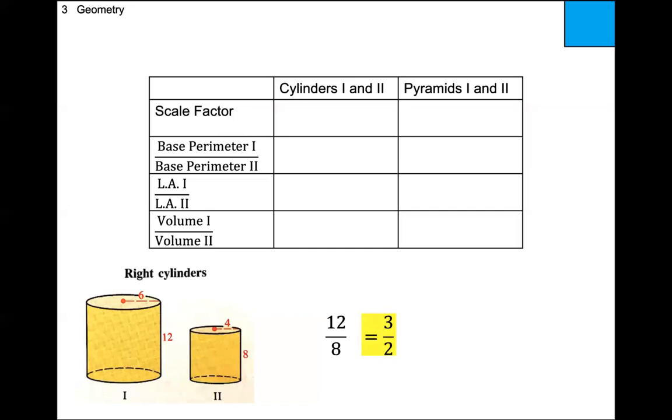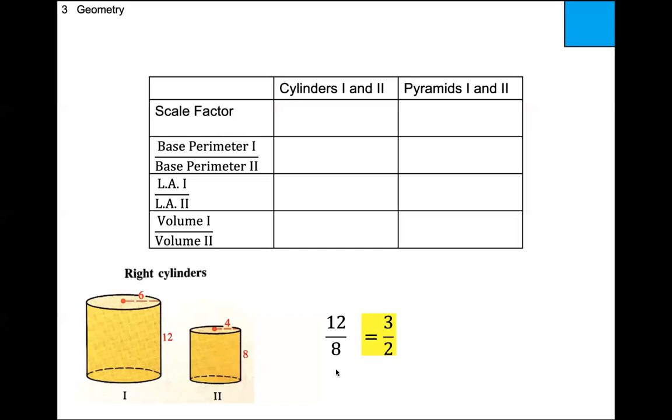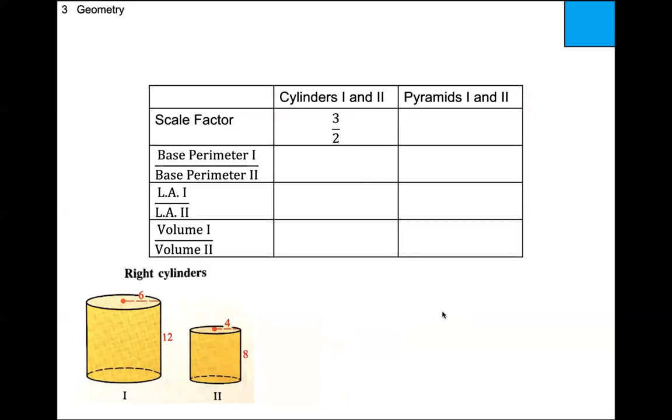If I had chosen to use the radius, that would have given me 6 over 4, and that also reduces to 3 over 2. So it doesn't matter which one I choose, I'm going to get the same value. Now, it would make a difference if I went from the small solid to the big solid. Then it wouldn't be 3 over 2, it would have been 2 over 3. No big deal. All right, so my scale factor, we just calculated, is 3 over 2 if I go from 1 to 2. And notice that's what the column says to do, 1 to 2.